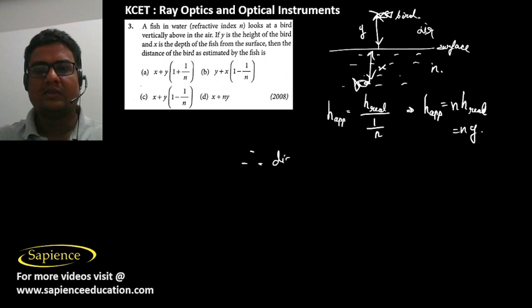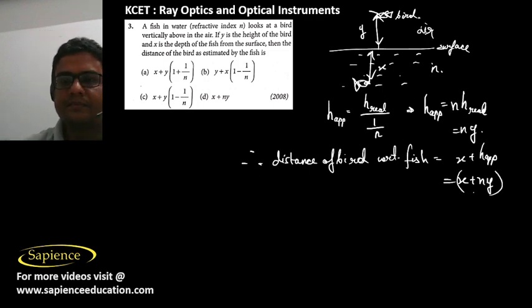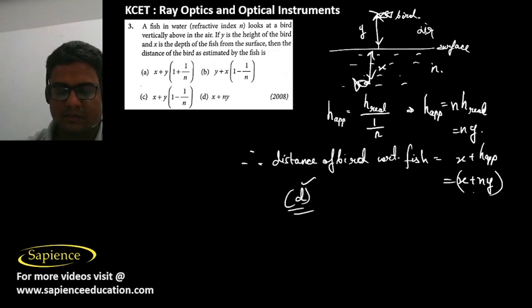Therefore the distance of the bird with respect to the fish will be equal to x plus the apparent height, that is x plus ny. So option D is the correct answer.